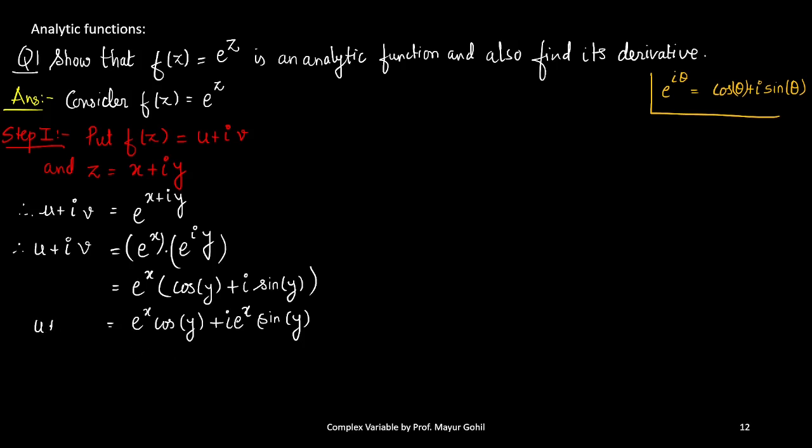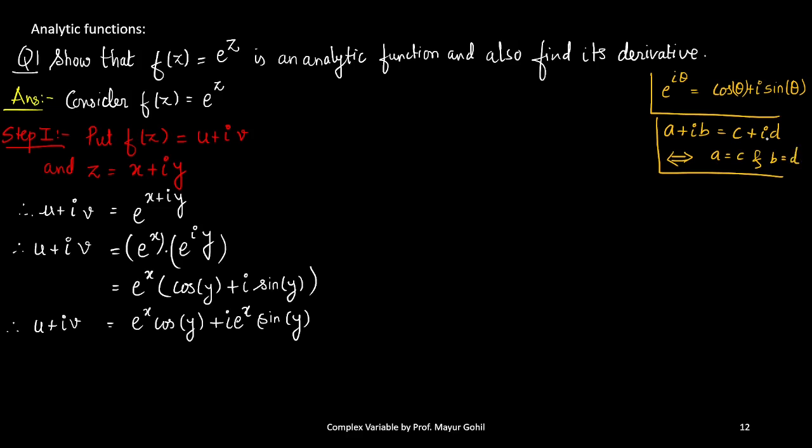Now u plus iv. LHS is a complex function and RHS is also complex. So we have another important learning from complex numbers, that is, a plus ib is equal to c plus id if and only if a is equal to c and b is equal to d.